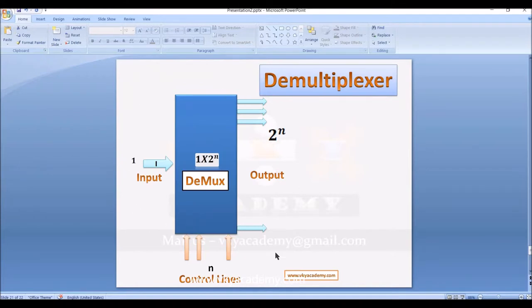So if you define the demultiplexer, then you can say a demultiplexer is a digital circuit or combinational logic circuit where number of inputs is 1 but number of outputs is multiple, and there are few control lines which control the flow of input to the output. Now the relation is, if the number of outputs is 2 to the power n, then the number of control lines must be n.